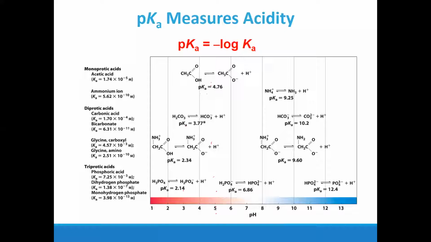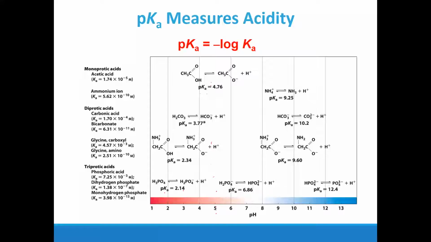Here's an example of a strong acid, phosphoric acid. And you can see that it has a low pKa and is a stronger acid, and it dissociates around the pH of 2.14. Here are some other examples.